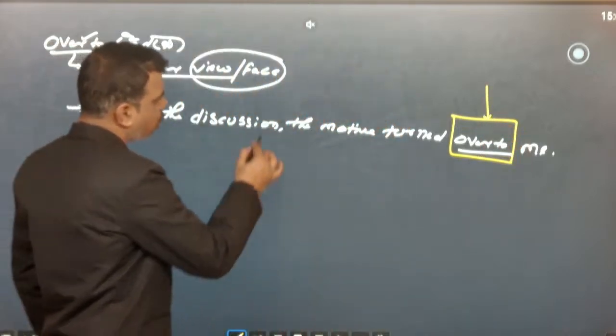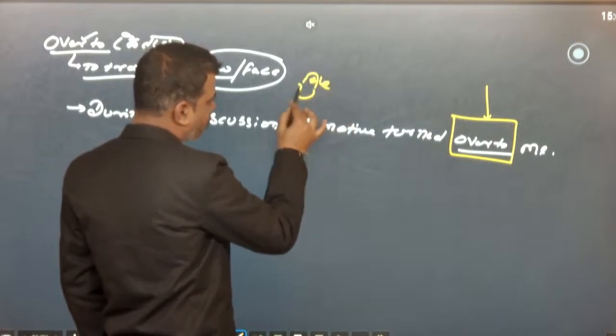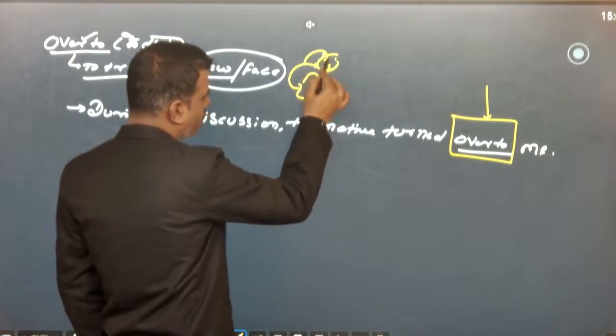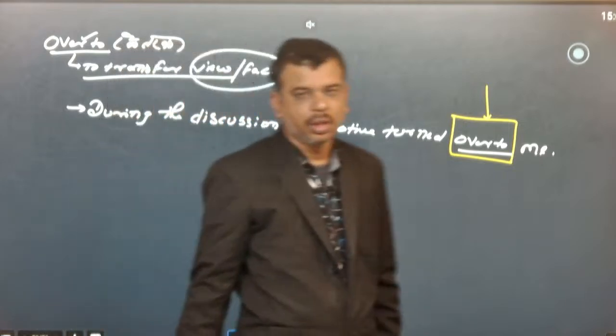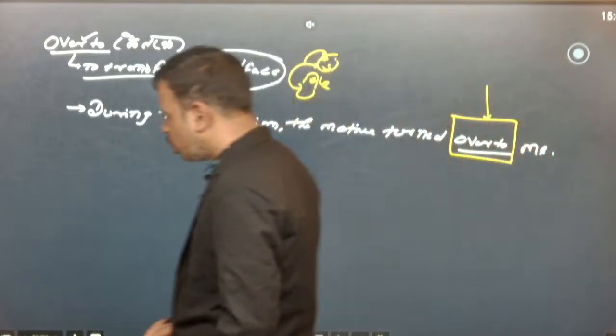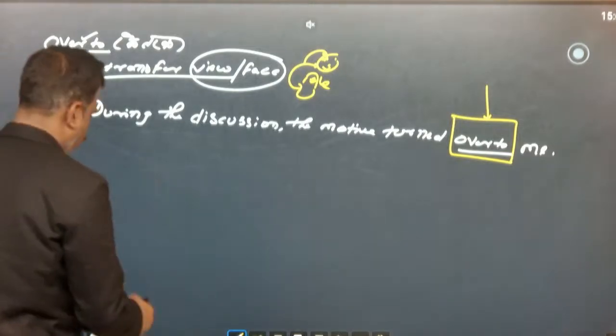Means the discussion was going on, but suddenly it turns towards me. Not physical turning, but the change of view. So in that case we are going with over to. One more example.